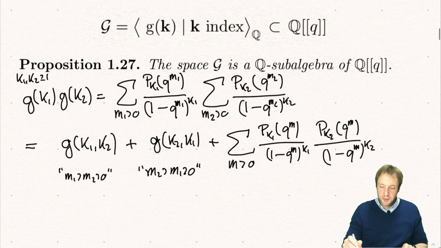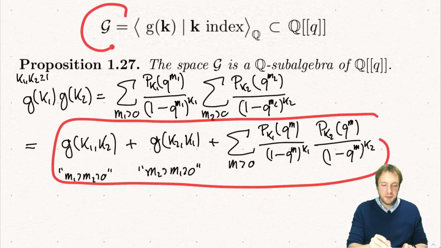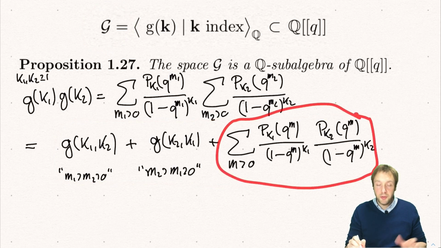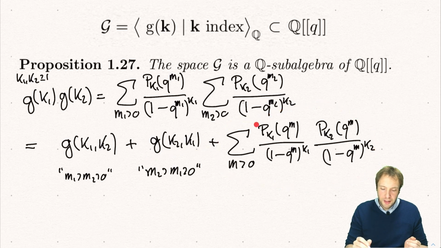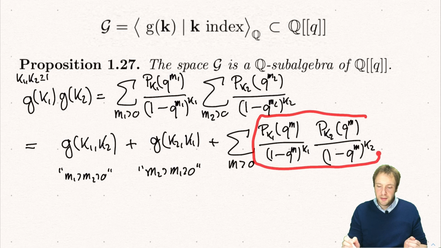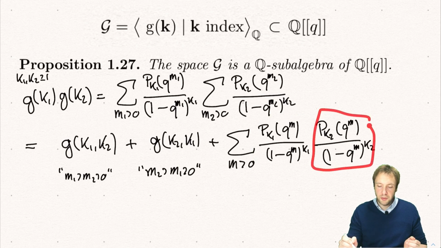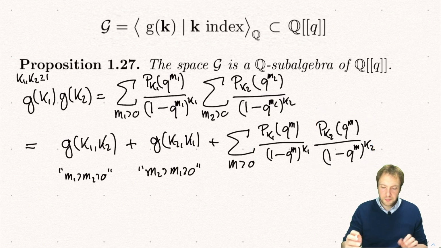To show that this is again an element in this space, we need to argue why this sum can be written as a linear combination of these small g. Since this is a single sum, it would be enough to show that this product of these two rational functions is again a linear combination of rational functions like this.